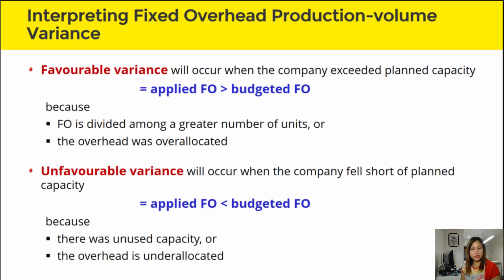Therefore, the fixed overhead cost that you apply to product is of course less because you applied it to 80 cars instead of 100 cars as you expected, as per your standard. This is a sign that there was unused capacity because the warehouse can be used to store up to 100 cars, but you only have production of 80 cars, okay? Hence, the variance that you calculated for this month of production will be unfavorable.